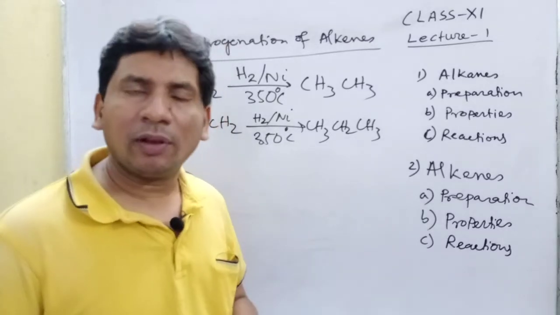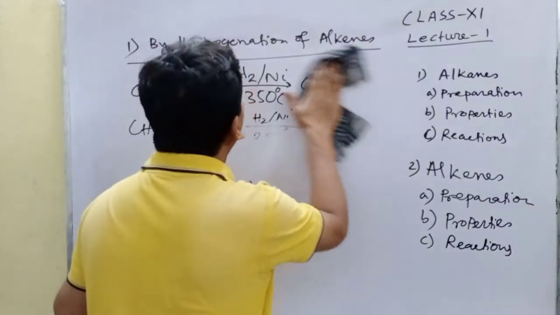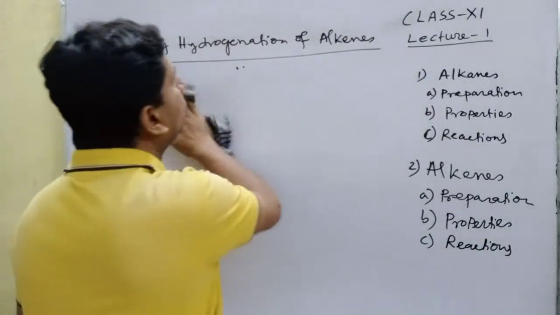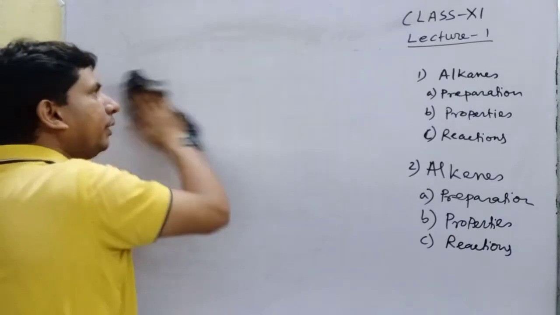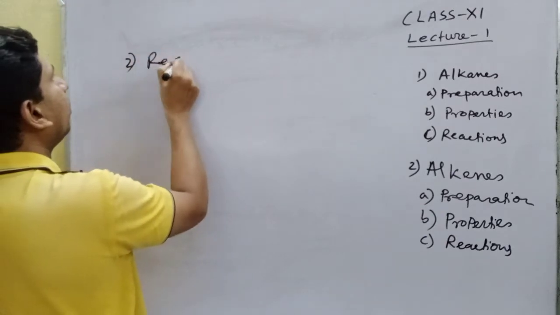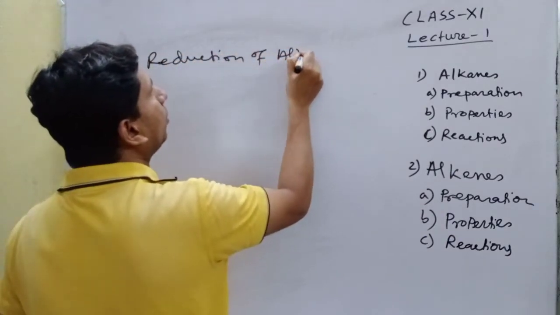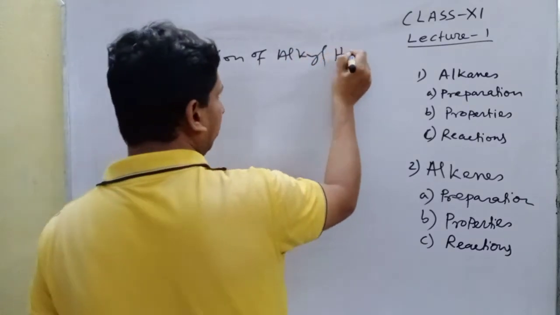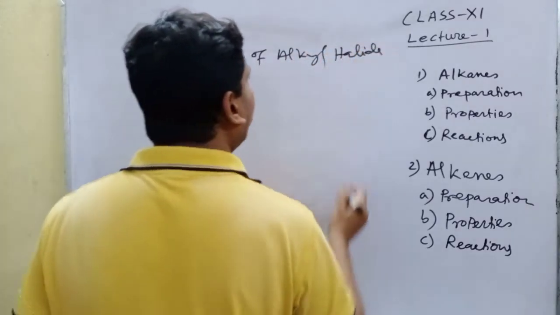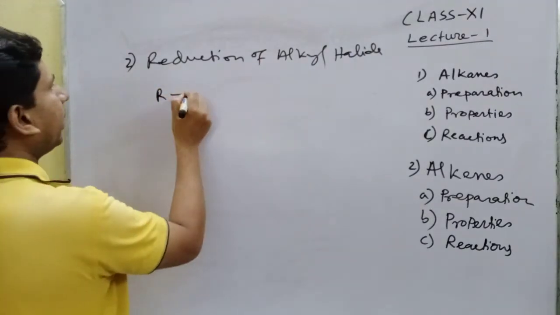Now number two, reduction of alkyl halide. What is alkyl halide? That means there is an R group and there is a halogen.